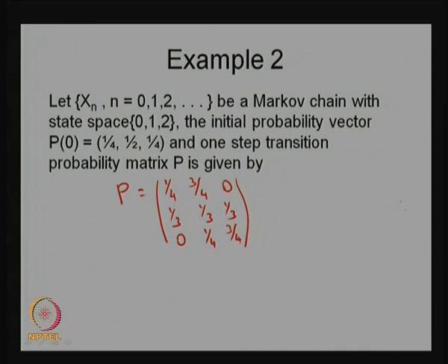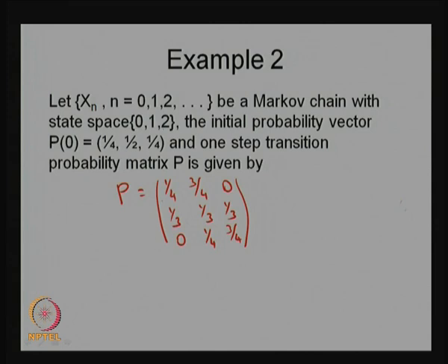Therefore, this is the initial probability vector. That means the system can start at the 0th step with probability 1/4 from the state 0, with probability 1/4 from the state 1, and with probability 1/4 from the state 2.